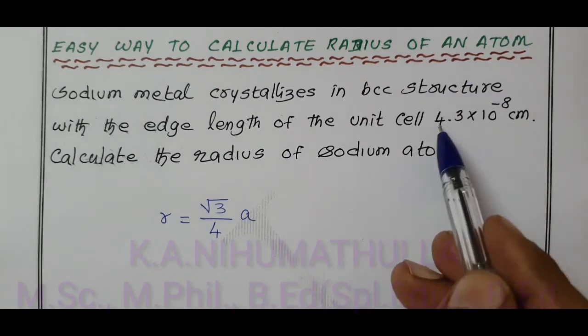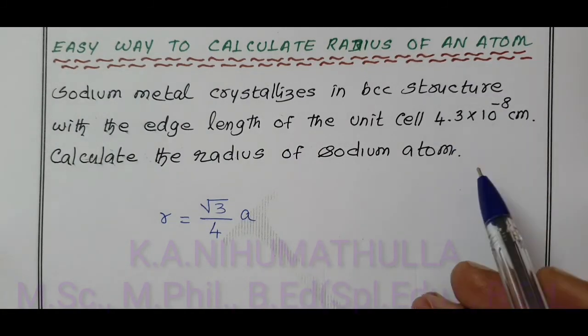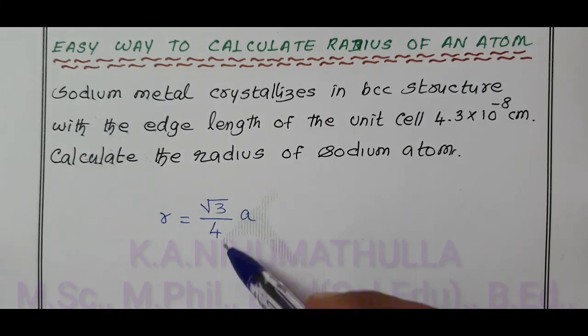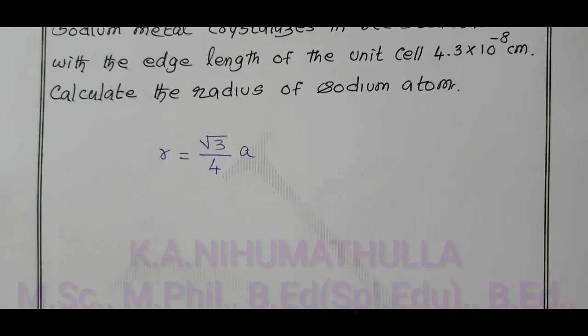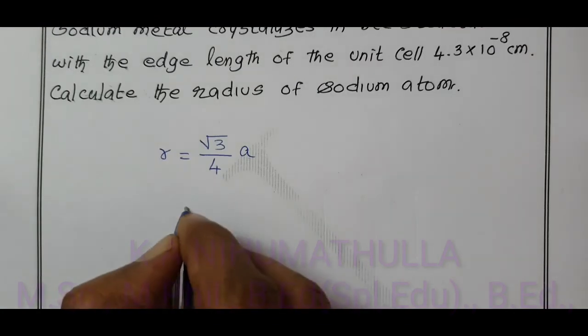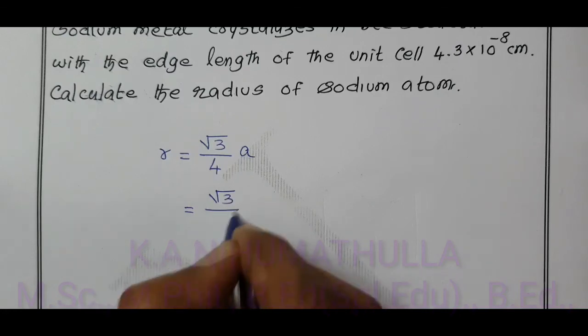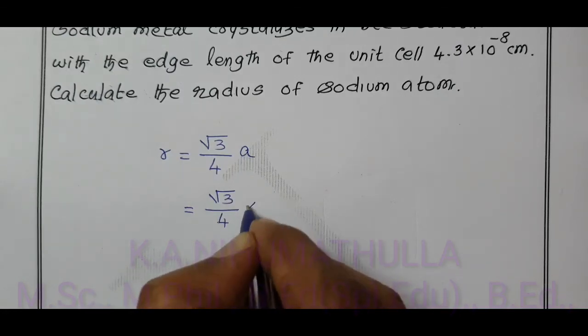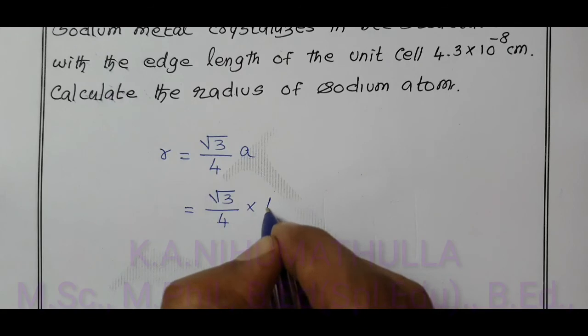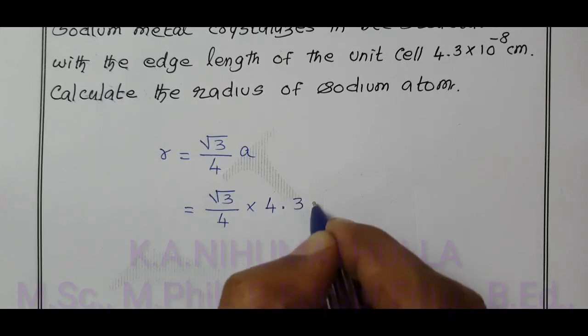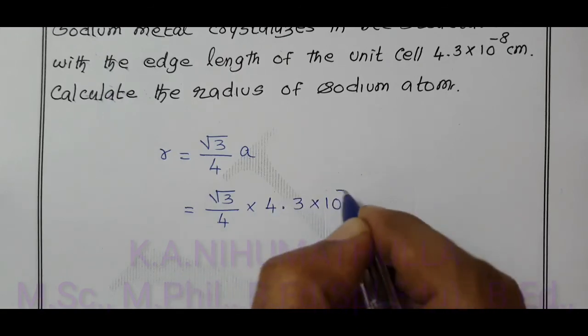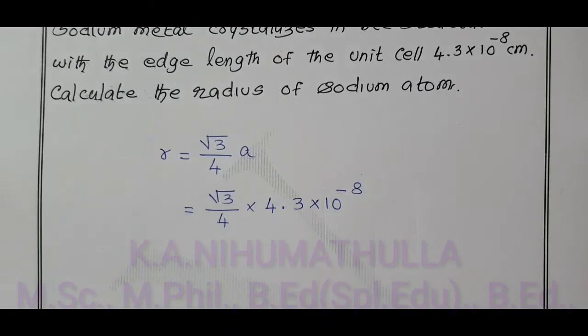The edge length value is directly given in centimeter. Root 3 value we know, and 4. We can easily calculate the radius. Substitute all the values: root 3 by 4, and the a value is given as 4.3 × 10^-8.